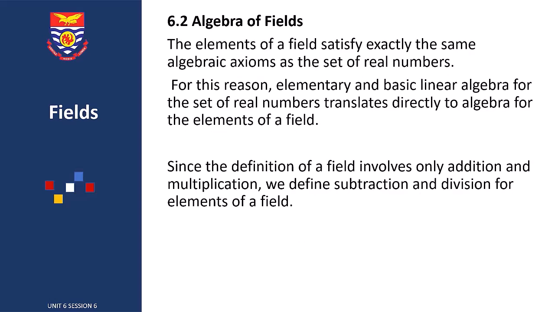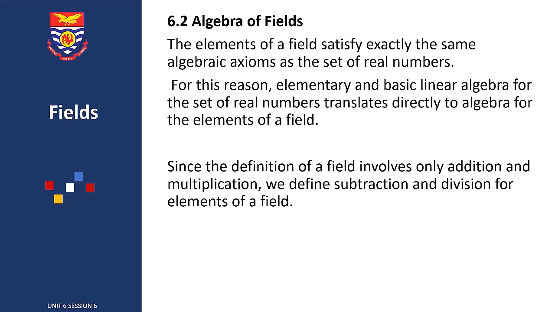Algebra of fields. The elements of a field satisfy exactly the same algebraic axioms as the set of real numbers. For this reason, elementary and basic linear algebra for the set of real numbers translates directly to algebra for the elements of a field.